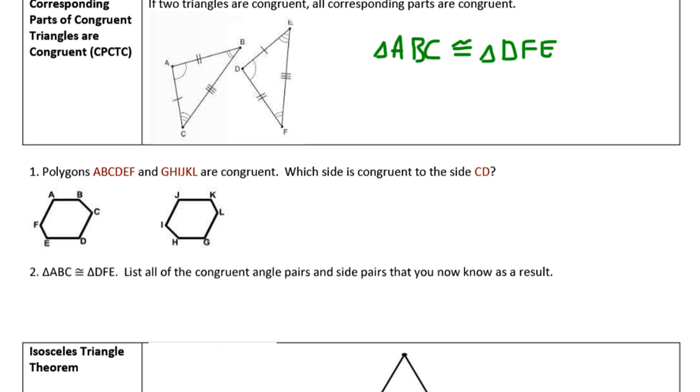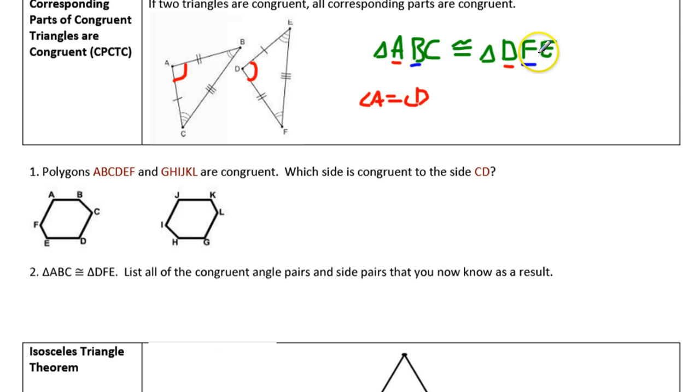So that means that the first letter, A, and the first letter, D, are going to tell you that angle A equals angle D. And we can see from our picture, angle A does equal angle D. It also means that angle B is going to equal angle F.